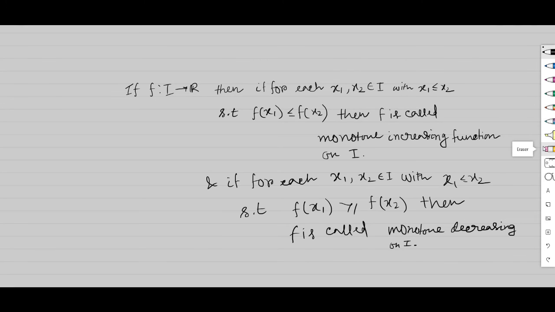So this is very easy to show if we draw the picture.